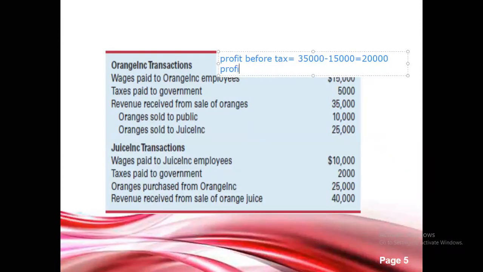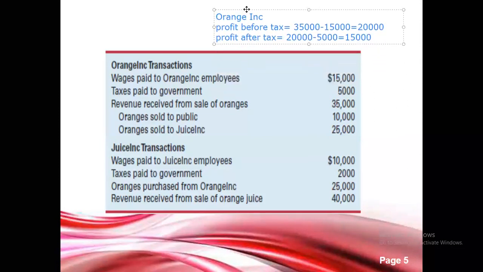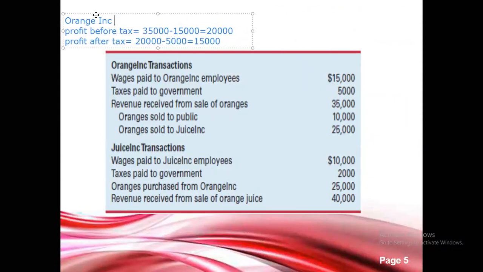Profit after tax would be 20,000, the profit they get before tax, minus the tax this company paid, which would be 15,000. This is for Orange Incorporate. Let me put it somewhere on the top.